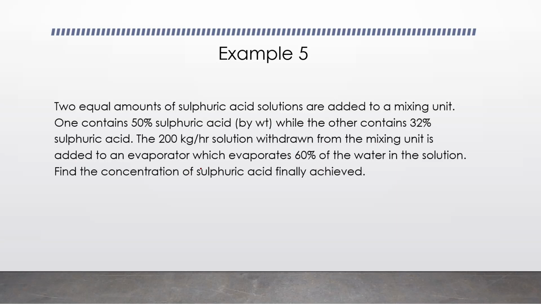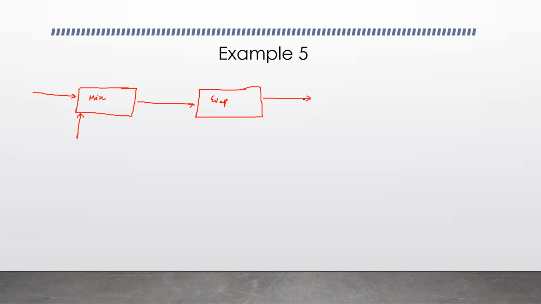Let's draw a block diagram for this. So when we draw a block diagram, we'll get our mixing unit and we'll get our evaporator. This is definitely going to be E and X is 0, right?